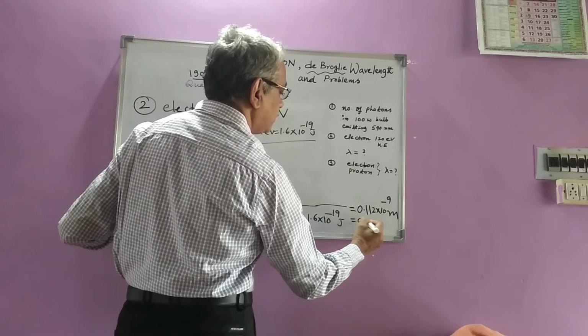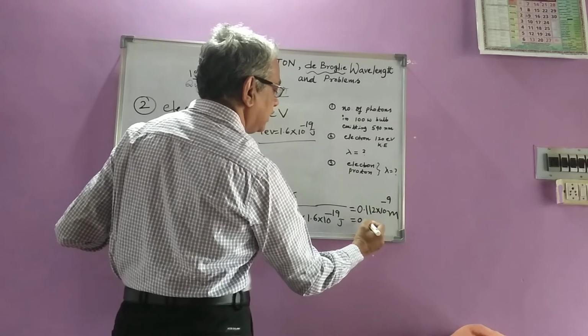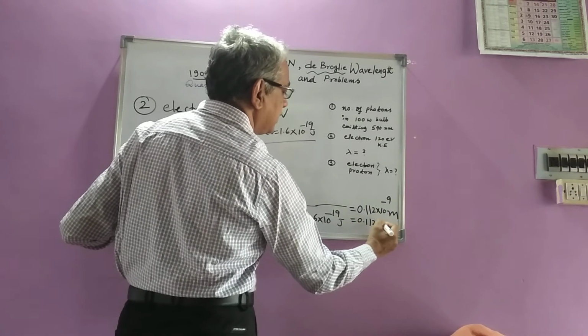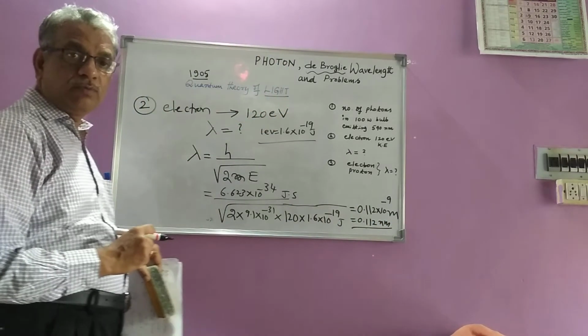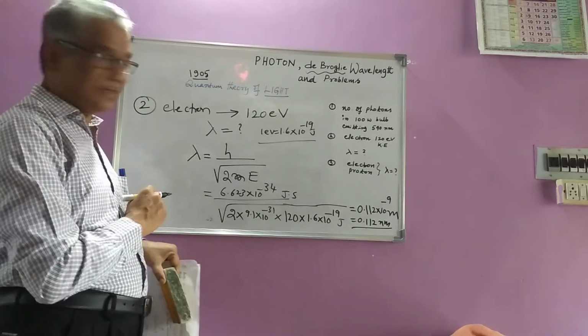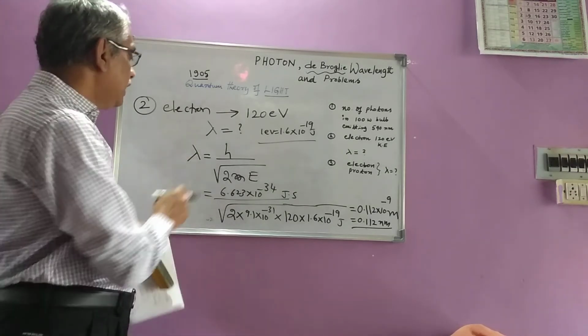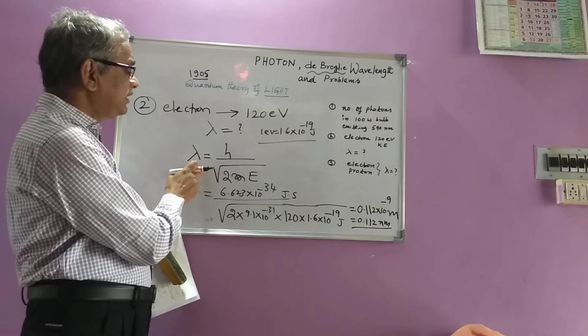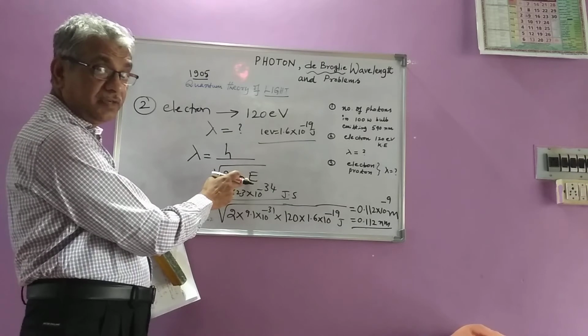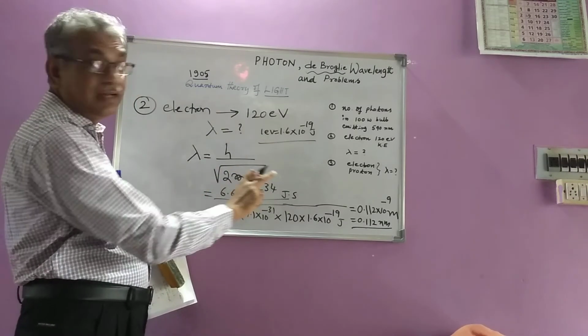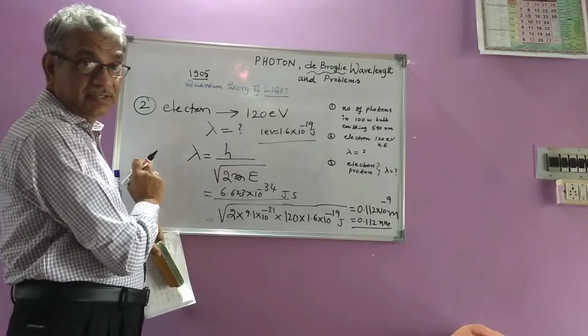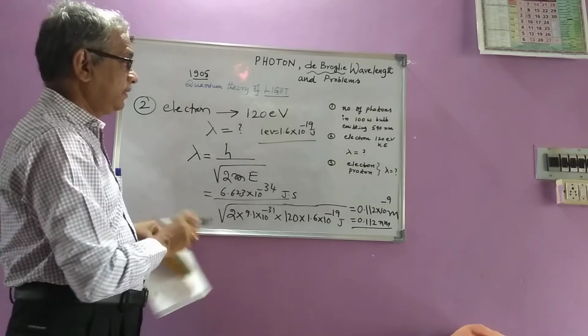This is equivalent to so many meters. 0.112, you can call it nanometers. 0.112 nanometers you will get for this. Unless you know this formula in terms of kinetic energy, unless you know how to convert this, you will not be getting the answer. These are very important steps in calculating the problem.